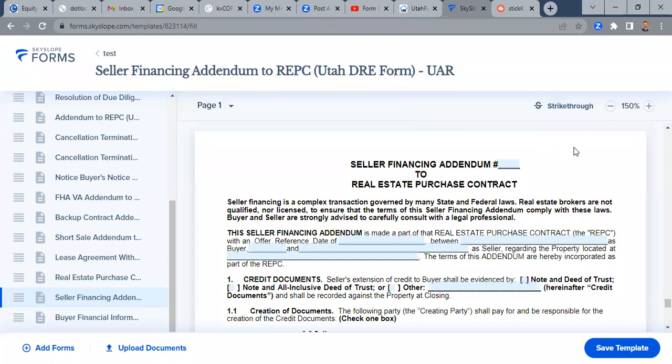Now, my opinion on this, guys, is if you love SkySlope, great. Fill your forms out on SkySlope, save them as a PDF, and then pull them over to .loop for our electronic signatures. The reason why we use .loop and not SkySlope is we did look into SkySlope on a corporate level, but .loop does more for us than just filling out forms and electronic signatures. .loop has some programming back-end stuff that we use.